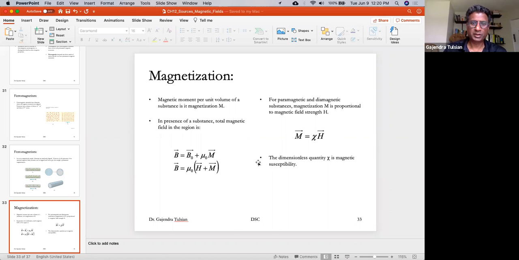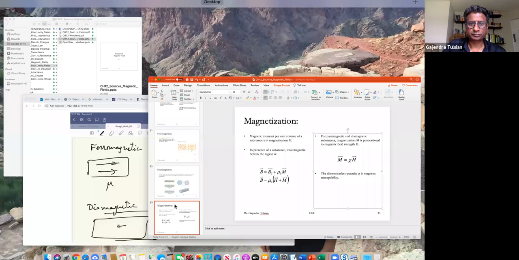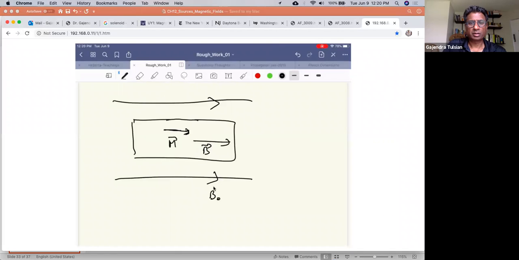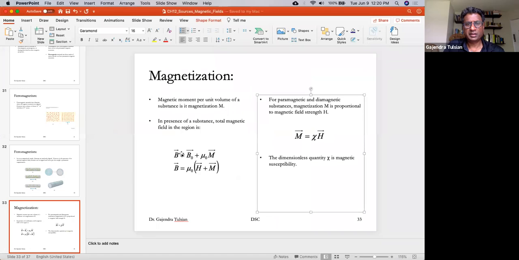Here's the external field, and here's the material. Because of the presence of this field, the material might line up its magnets, and the field inside is given by B. The field inside is the external field plus mu naught times any magnetization the material acquires, or if it intrinsically had some.